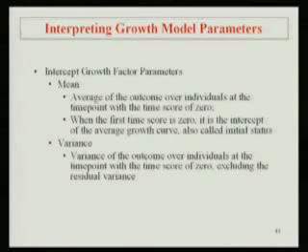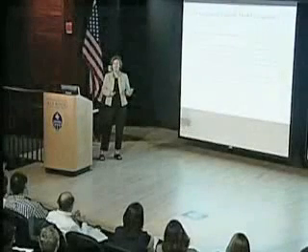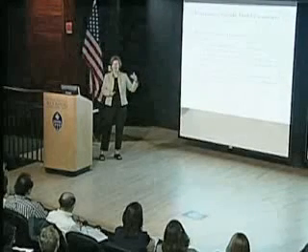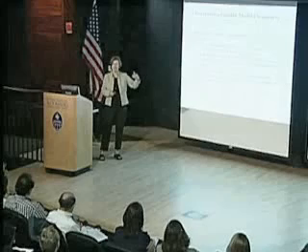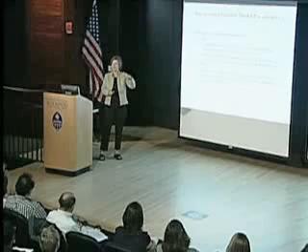So if you have a lot of variability, the variance is going to be large. If you have very little, the variance is going to be small. This is how you come by using this model to understand individual variation in the growth process. If everybody starts out at the same place and grows at the same rate, then you're not going to have a lot of variation.